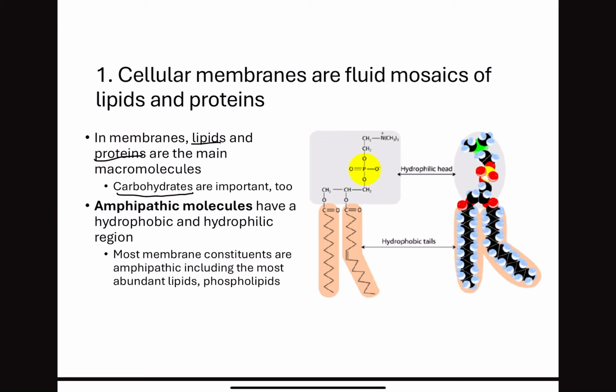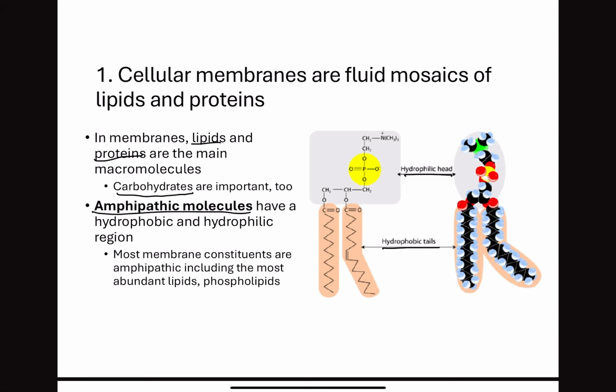They're amphipathic because they have a hydrophilic and a hydrophobic region. And because of this conformation, a lot of the membrane's constituents are also going to be amphipathic, having these hydrophobic and hydrophilic regions. Our membrane components, like its proteins, are also amphipathic, and a lot of them are actually going to span the entire membrane.